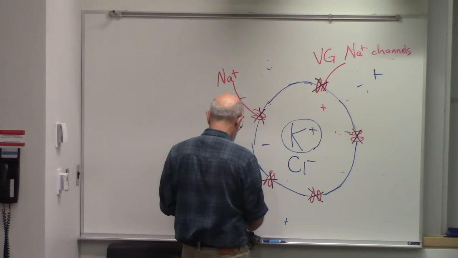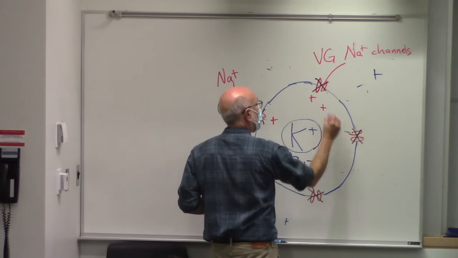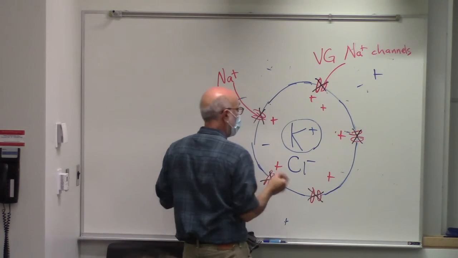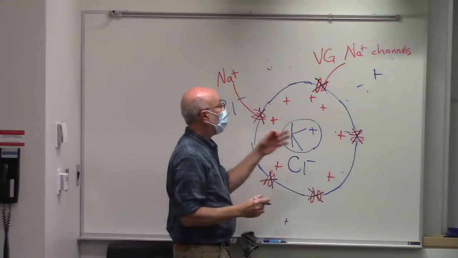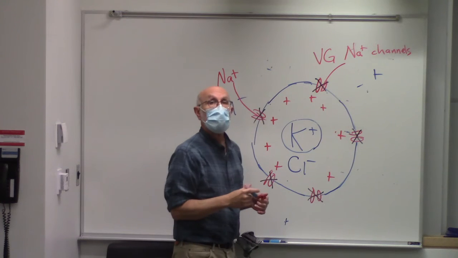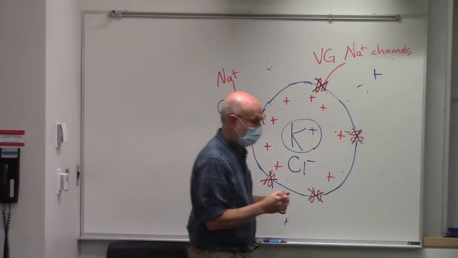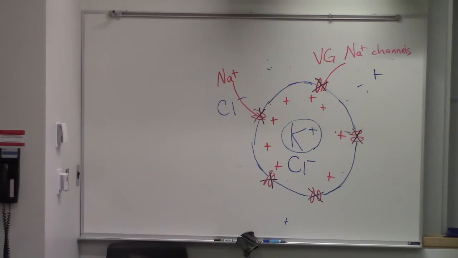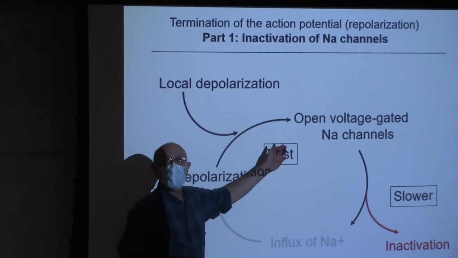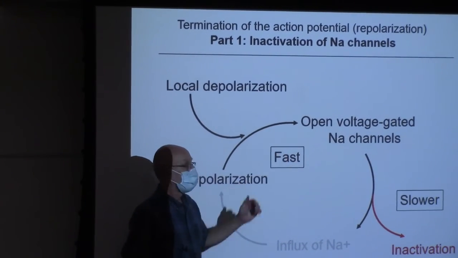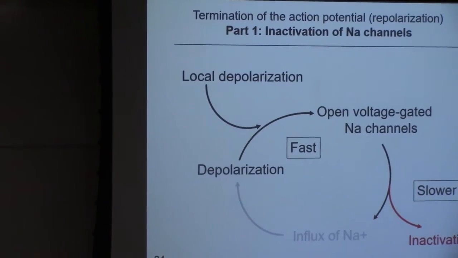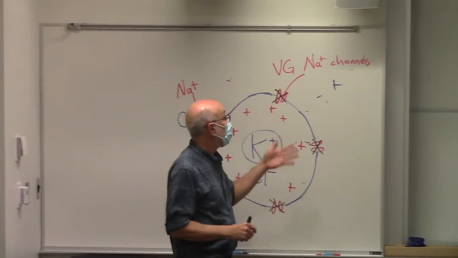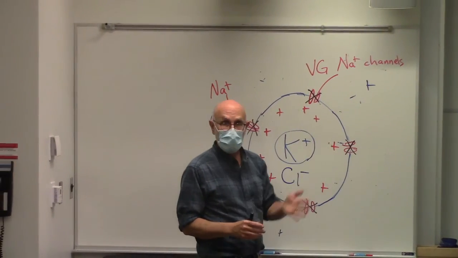The cell is still depolarized, but there's no longer the influx because of inactivation. The feedback loop is broken. So the depolarization caused the channels to open and then inactivate.